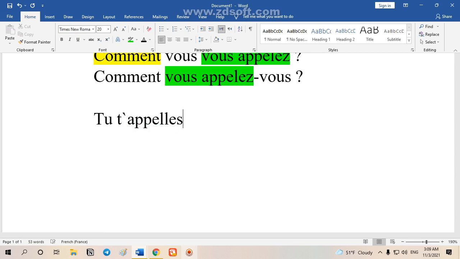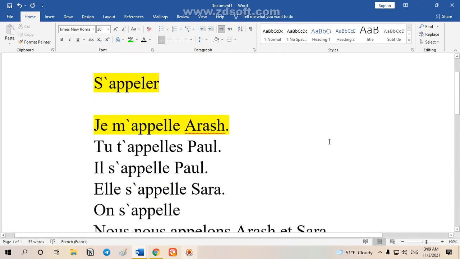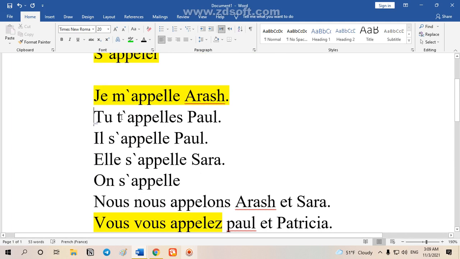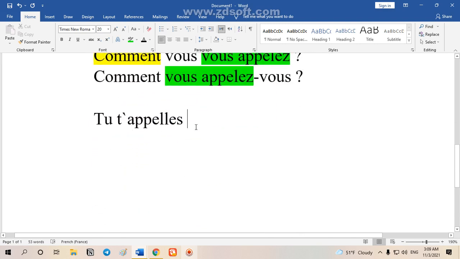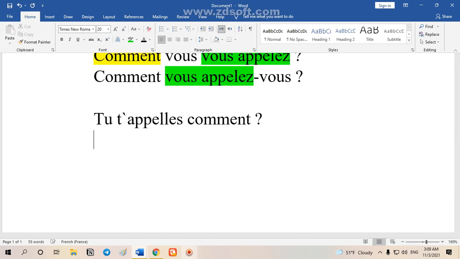Tu t'appelles, and you saw tu t'appelles here. This is not formal. This is for friends. Tu t'appelles comment, and after that put comment at the end. We can also bring comment to the beginning of the sentence.